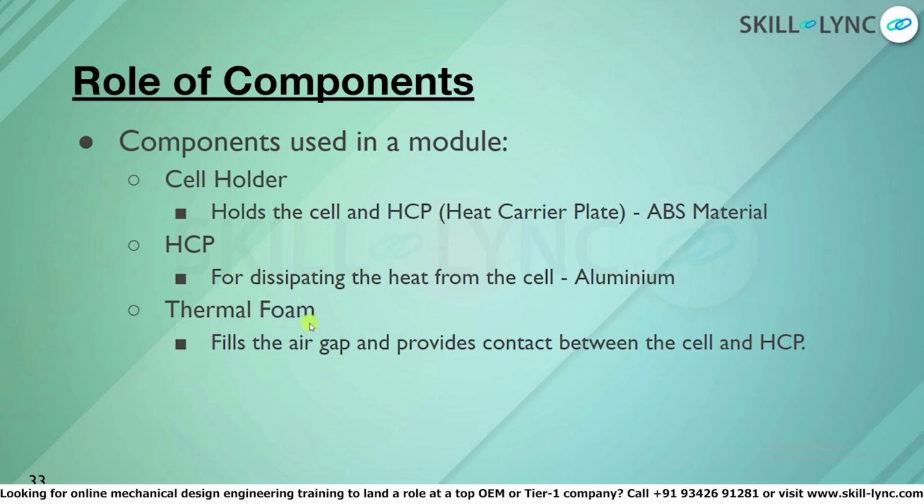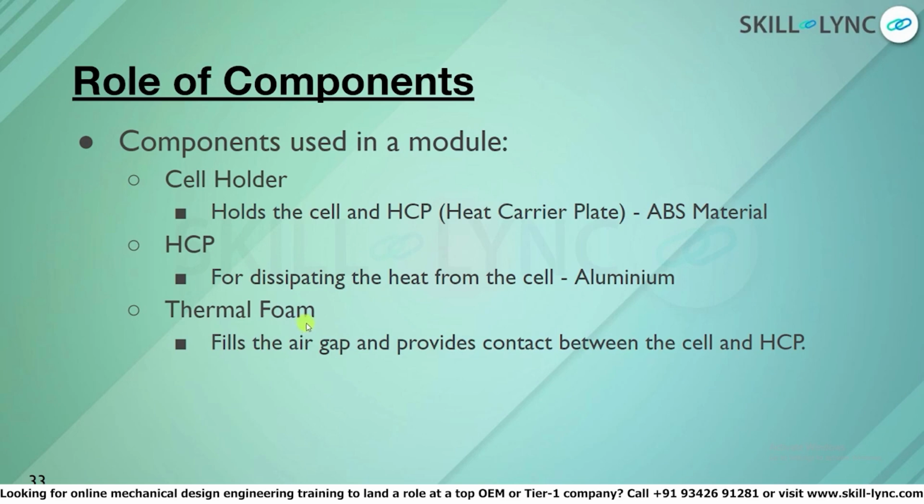And then we have thermal foams. Why do we use thermal foams over here? Usually these thermal foams can expand or contract, which is commonly known to everyone. So when pouch cells are used, during charging and discharging, they also expand and contract. When such things happen, some gap or void forms. So when you use thermal foam between the cell and the HCP, whenever the cell contracts, the extra space it creates is going to be filled by the foam.